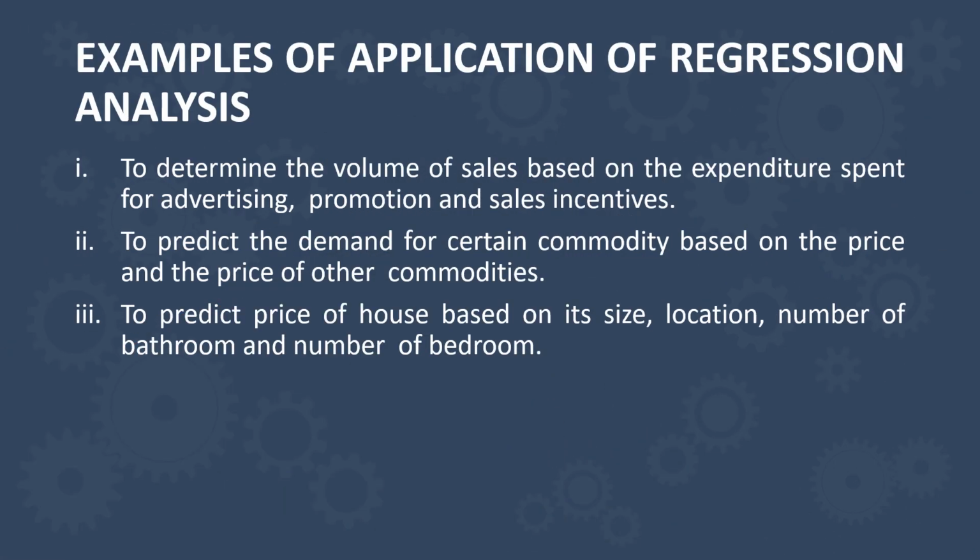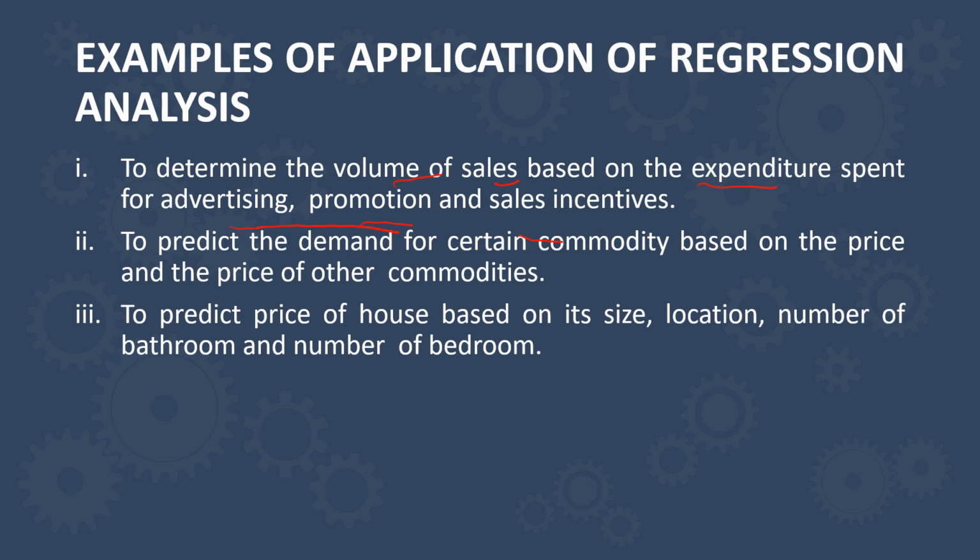Here are a few examples of using regression for prediction. Firstly, to determine the volume of sales based on the expenditure spent on advertising, promotion, and sales incentives. By understanding how these factors influence sales, businesses can better allocate their budget to maximize revenue.